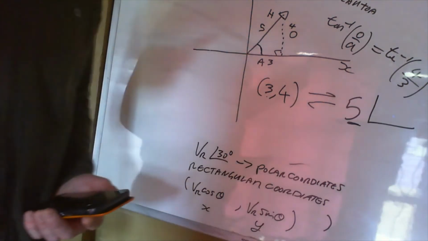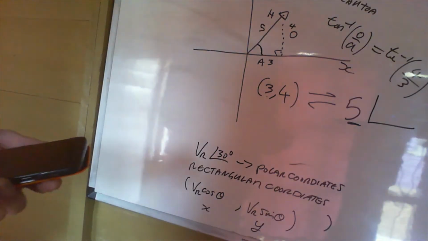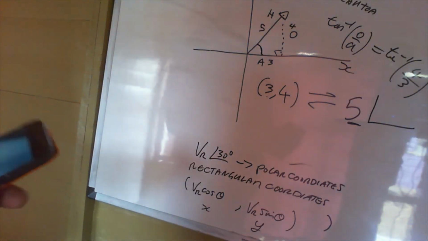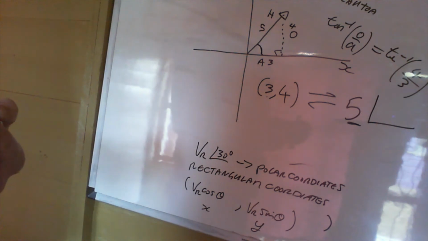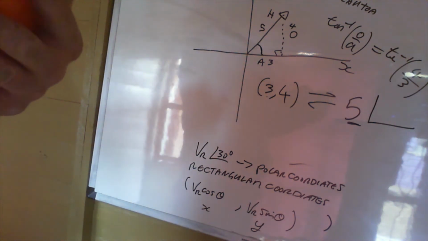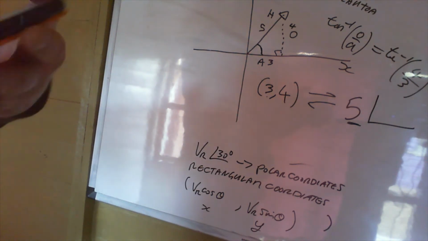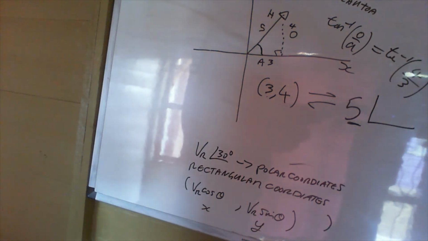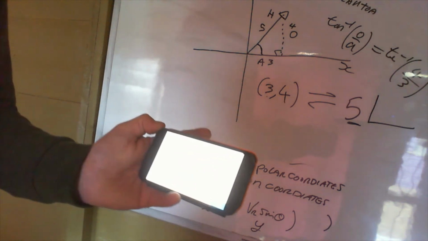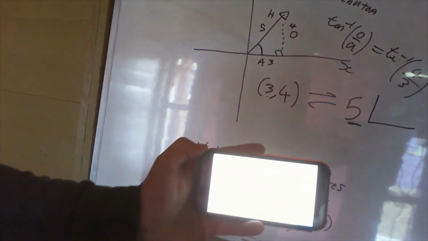I know you can't see me when I'm doing this. I'm just going to find out what this angle would be. Right, I don't know if you can see that there. That's far too bright.